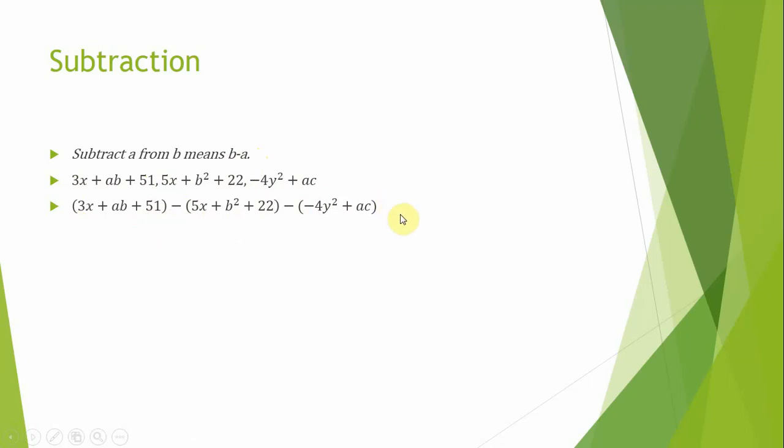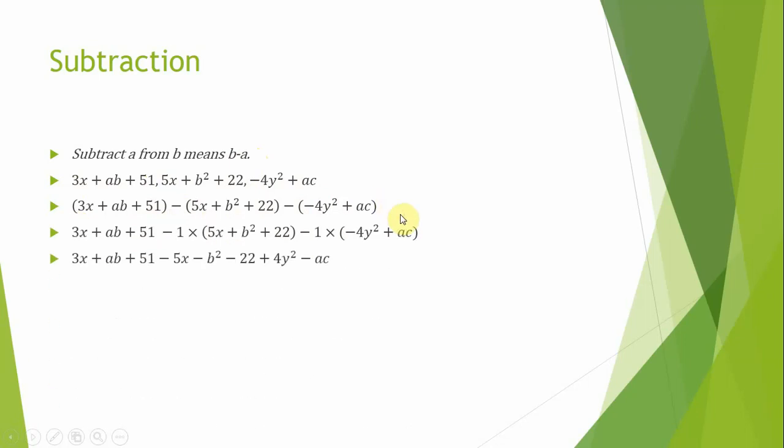Now, in order to open up the brackets, we remember the formula that we used in addition as well. Like terms give us positive and unlike terms give us a negative result. So we open up the brackets, 3x plus ab plus 51.